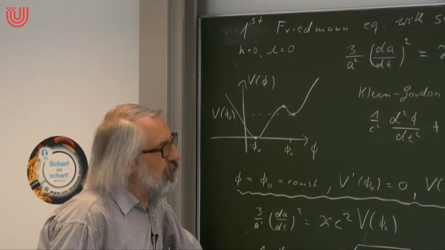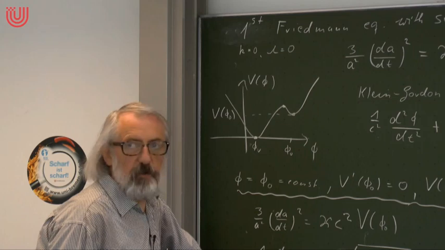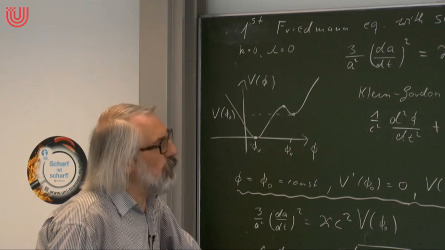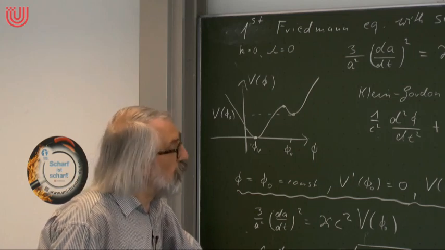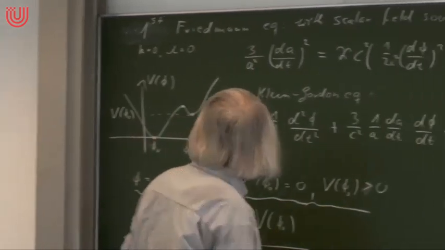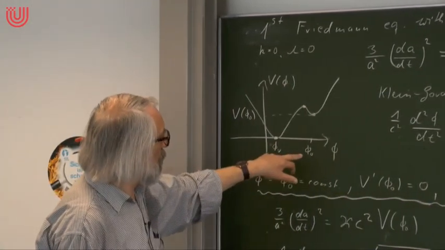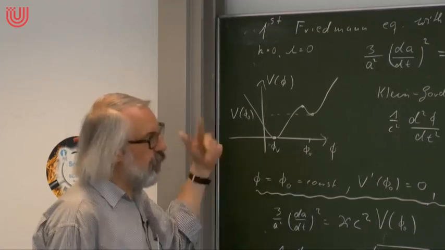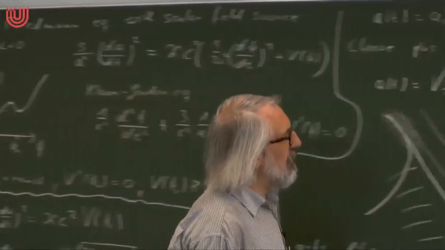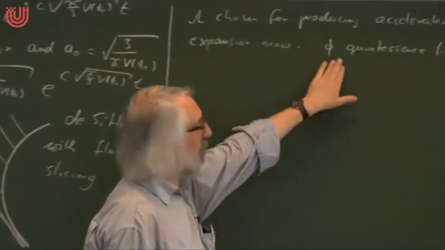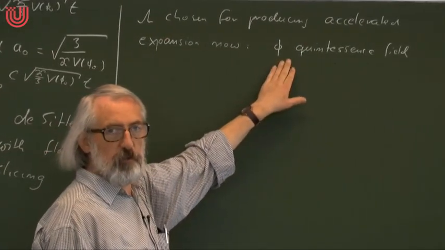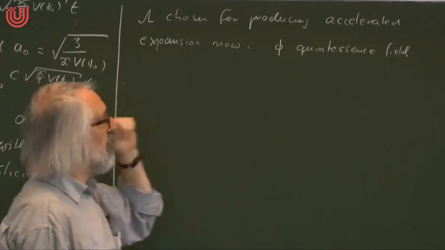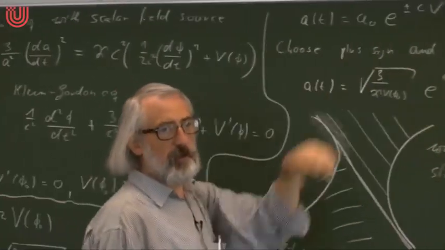So if there's dust or radiation or whatever, it dies away in comparison to the cosmological constant for large time. But if it is made dynamic, then maybe it starts doing funny things in the future, and then it's not necessarily expanding forever. So if you reinterpret this term as a quintessence field, then you cannot say anything about the future of our universe. Yeah, but if it's a strict cosmological constant, then our universe will expand forever.